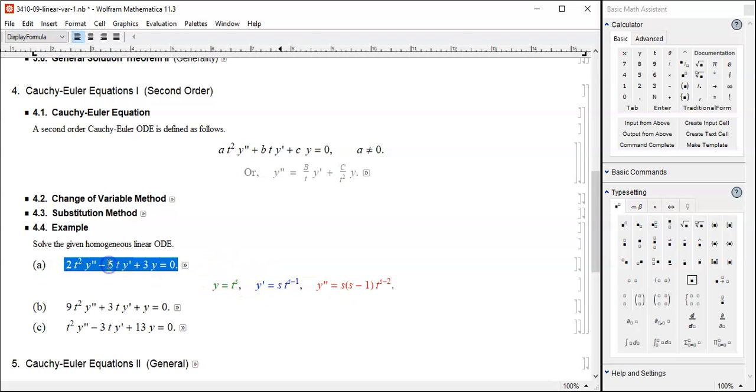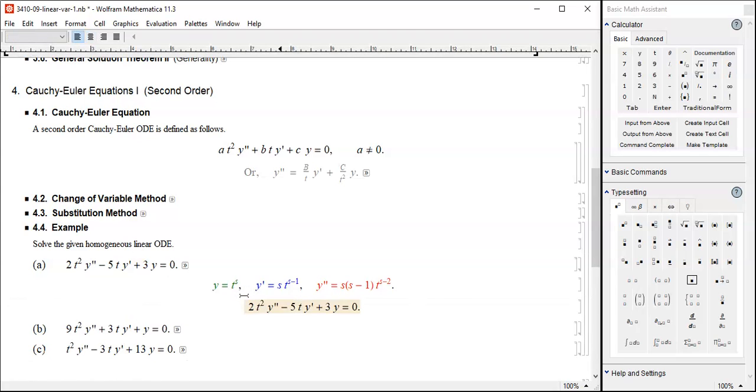Okay, and then here's the original equation. And then let's see, that's going to be replaced into this y double prime, and that's going to go to y prime.